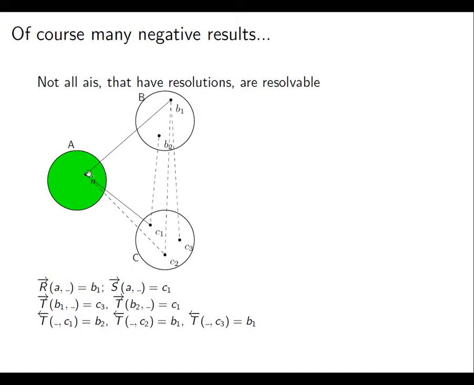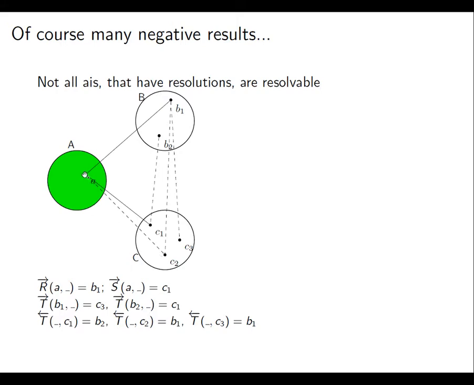And it is connected to a model B1 in the B set, and it's consistent with it, and it's also connected to a model C1 in the C set, and it's consistent with it, but B1 and C1 are not consistent. That's why they're not connected with a line. However, we do have these various consistent pairs in the BC consistency relation, and similarly we've got this alternative consistent pair in the AC relation there.